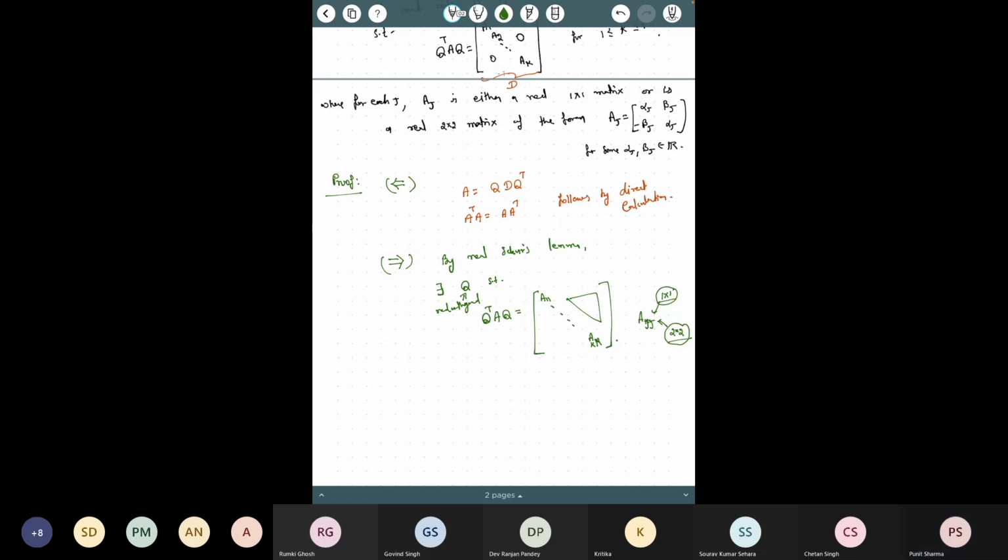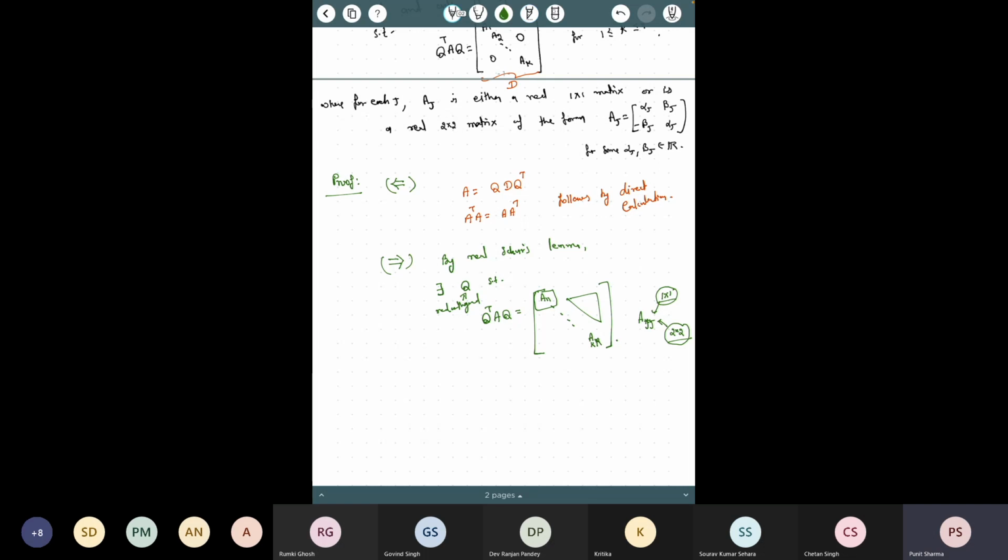Right? Now, if you recall the real Schur's lemma statement, it also says that these diagonal blocks you can arrange in any order. So you can arrange them in a particular order, and then you can always find a Q such that Q transpose AQ gives you the diagonal blocks in that prescribed order.